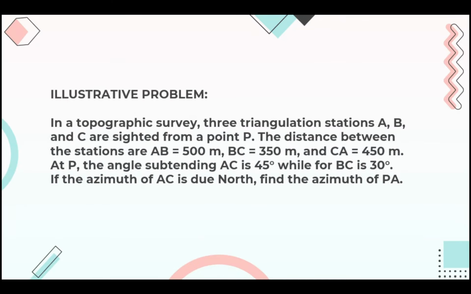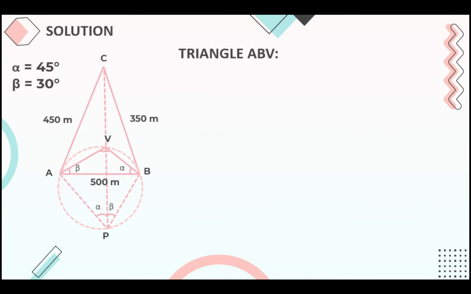The first thing that you need to do is to make a diagram, as you can see on the left side of the slide. Since there are already given angles, which are 45 degrees and 30 degrees, you need to get the distance of AP and BP from the triangle ABP. In order to get the value of the two, we need to use the sine law.